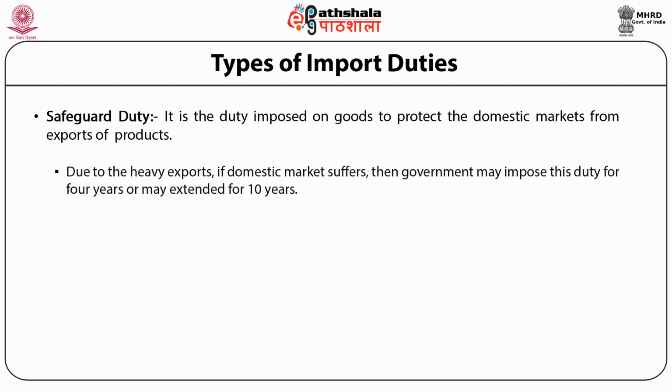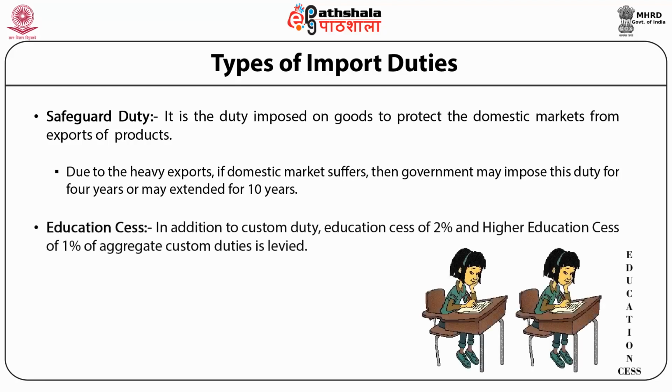Due to the heavy imports, if the domestic market suffers, then the government may impose this duty for 4 years or may extend it for 10 years. Education cess. In addition to the custom duty, education cess of 2% and higher education cess of 1% of the aggregate custom duties is levied. It is being charged to fund health and education initiatives.